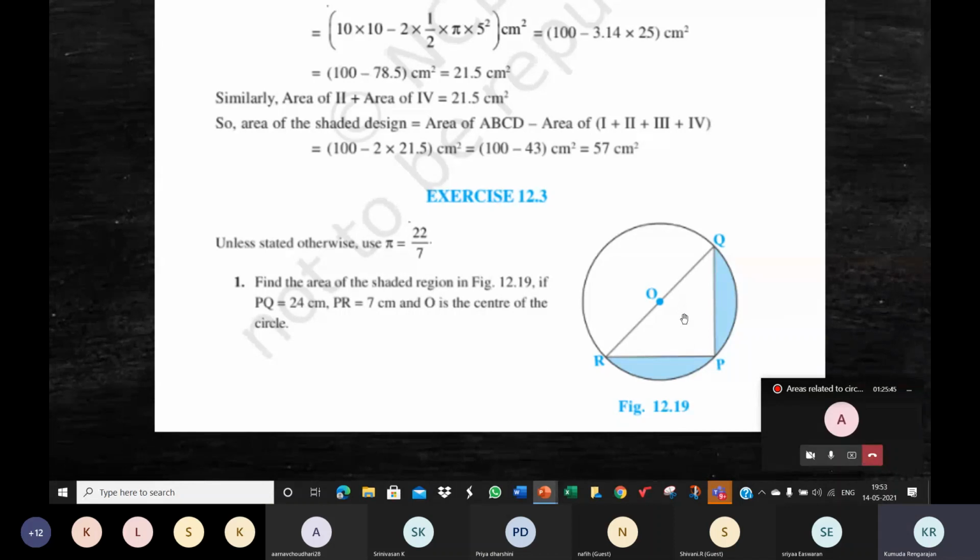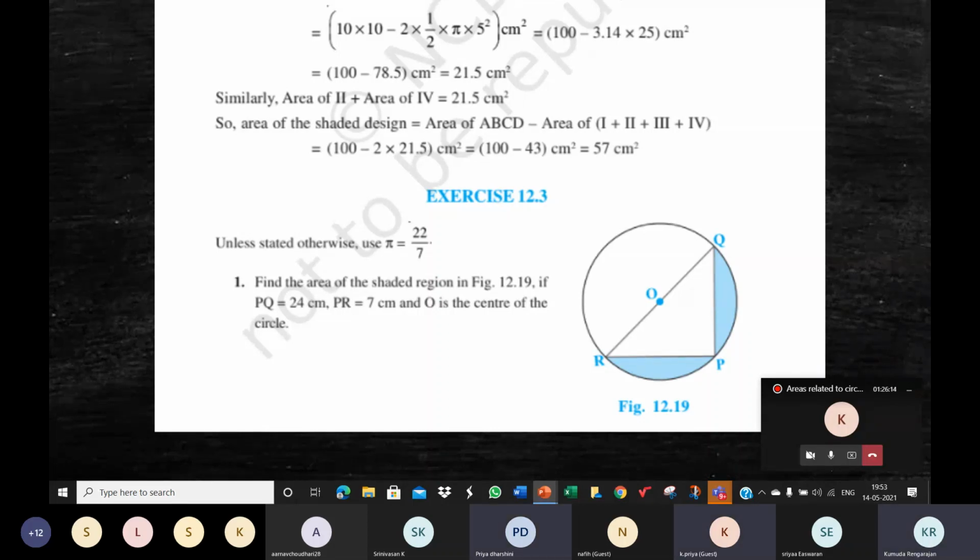So this is 90. Now it's easy. Yes, what's the radius of the circle? How much is PQ? 24. How much is PR? 24, ma'am. PR is 7. 7 centimeters. Yeah, how can you find the length of the line segment RQ, diameter RQ?